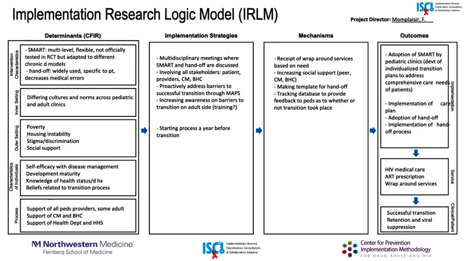In terms of the inner setting, which refers to the context where the implementation of those interventions would take place, there are clearly very different cultures and norms across the pediatric and adult clinic side. The outer setting, things relating to social determinants of health that affect the patients in terms of poverty, housing instability, stigma and discrimination and social support.